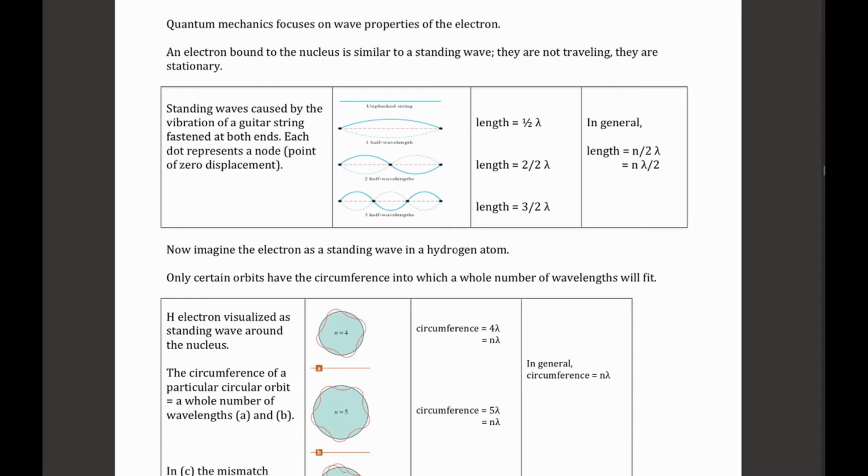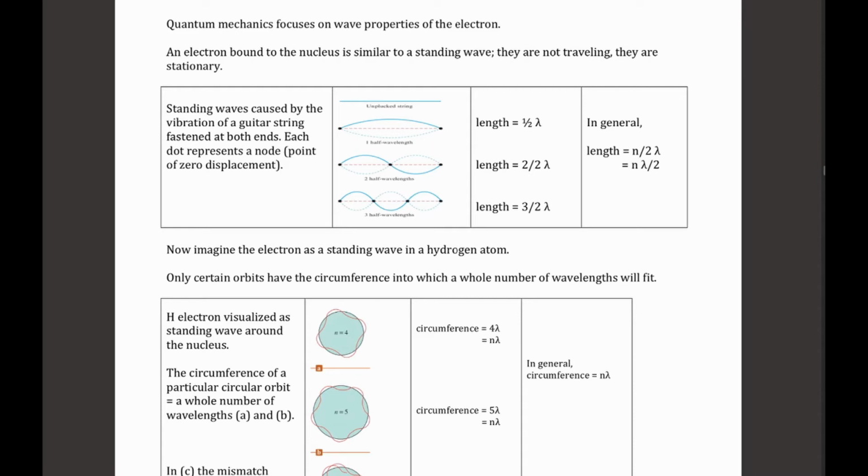Those are called the nodes, given in our diagram by the black dots. If you hit the string right in the middle, you get that 1/2 wavelength situation to occur. That's half of a wavelength, so the length of that string is equal to 1/2 lambda.